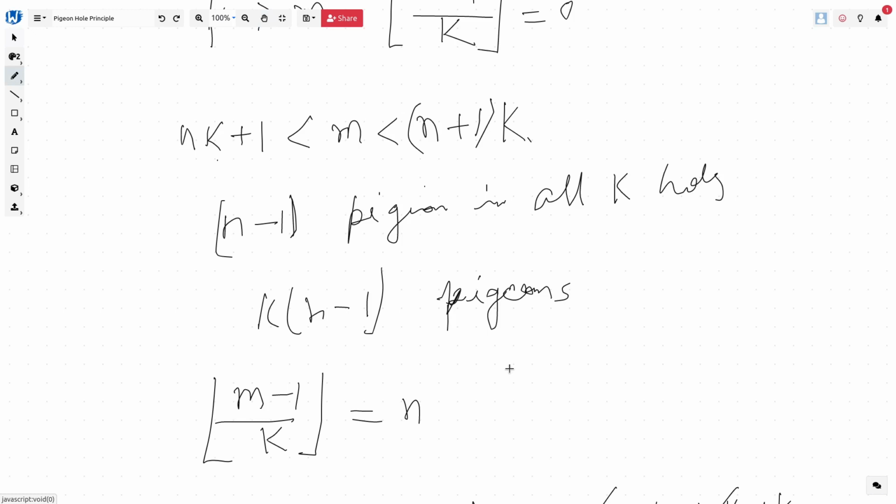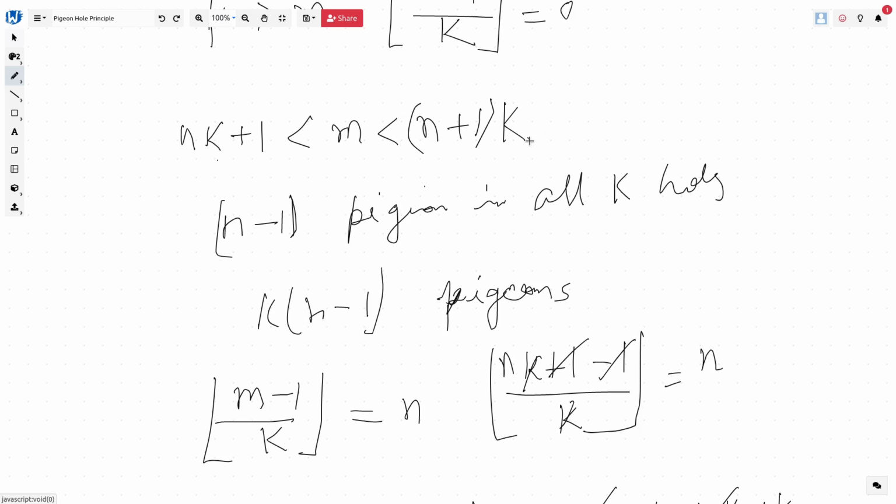So the minimum value of m could be nk plus 1, so we take (nk plus 1 minus 1) by k, and we have to find the floor of it. The 1 gets cancelled, so this is again n, because k and k get cancelled.